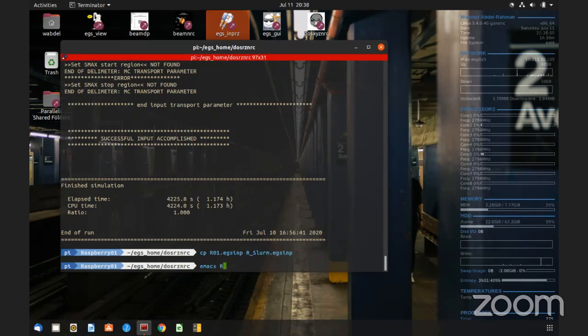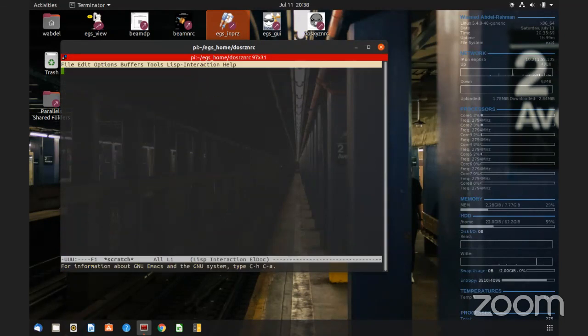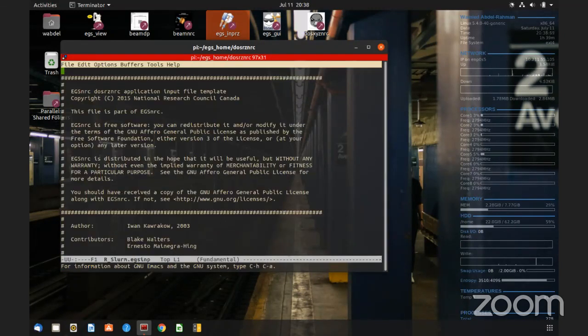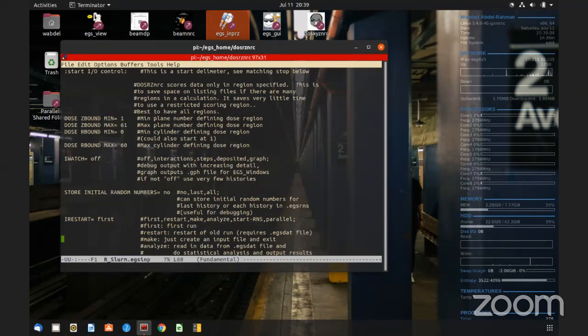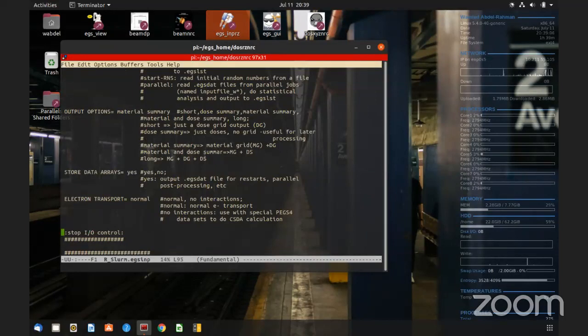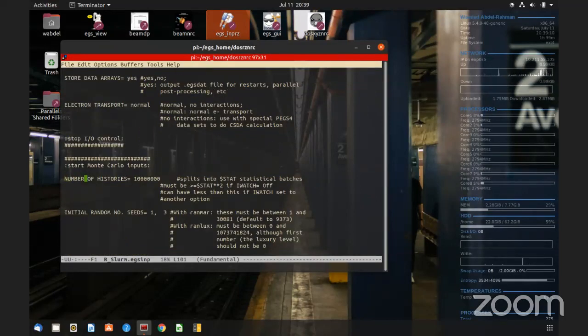I just want to make sure that I have 1 million particles. So it's actually 10 million particles. It's not 1 million, it's 10 million.